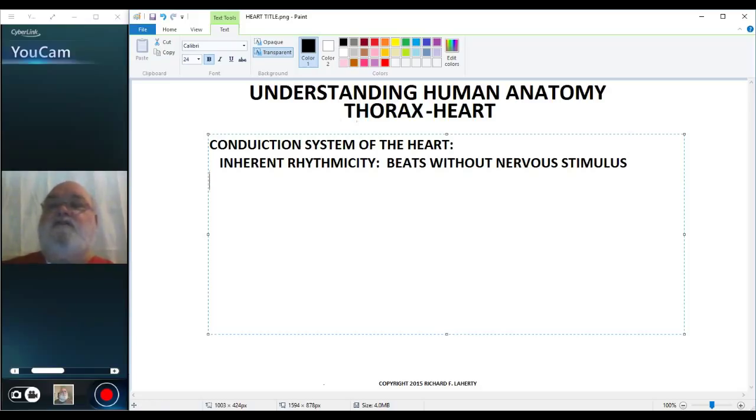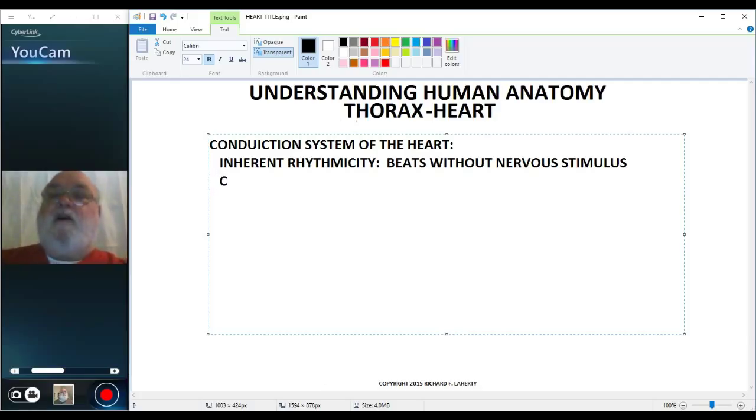This conduction system is often incorrectly described as being the nervous system of the heart. And the reason that's false is it is not composed of nerve tissue. It is composed of cardiac muscle.